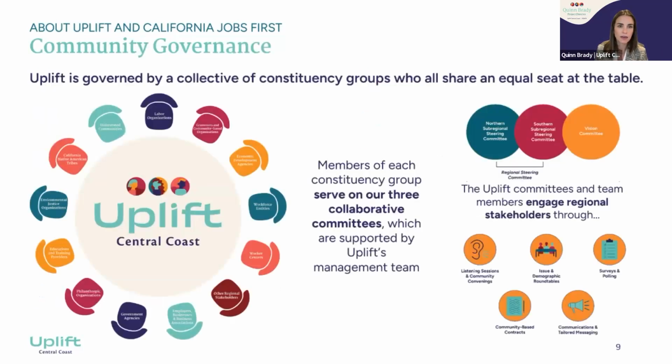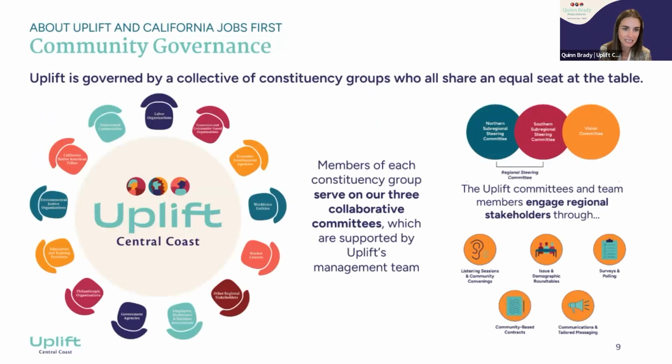On the next slide, this speaks a little bit to that governance group and our committees that I was sharing about. And I would love for those who are on a committee right now to just raise your hand, and in a second, I'm going to ask Maddie to pull this down. But the state, California Jobs First, mandated 12 different stakeholder groups be involved in this process.